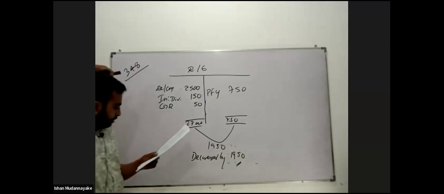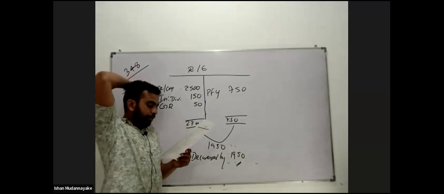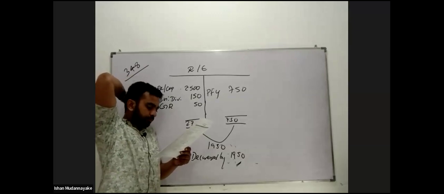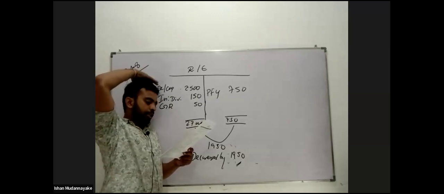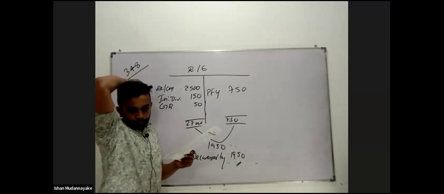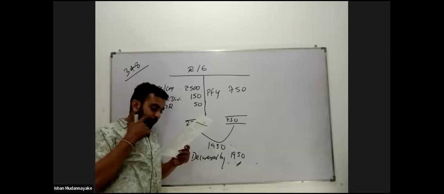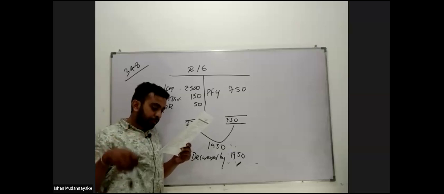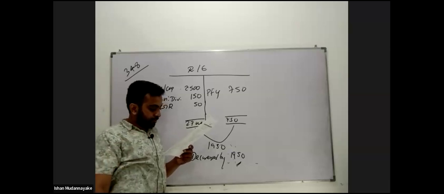349. The current ratio of a trading business is 3:1. Which of the transactions given below affected to decrease the current ratio?